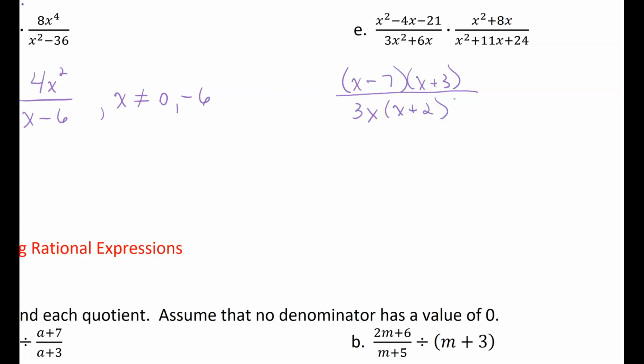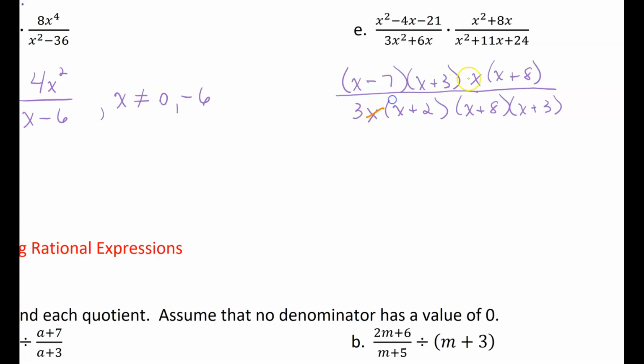For our other numerator, what can we factor out? X, and what's left? X plus 8. And for our other denominator, what does that factor into? X plus 8, x plus 3. When you are doing these, your favorite thing is going to be the dividing out part.